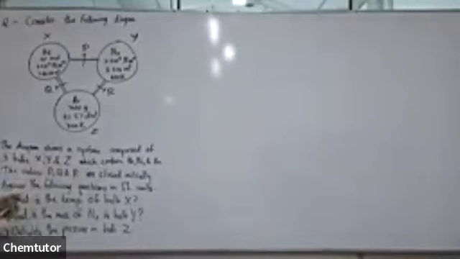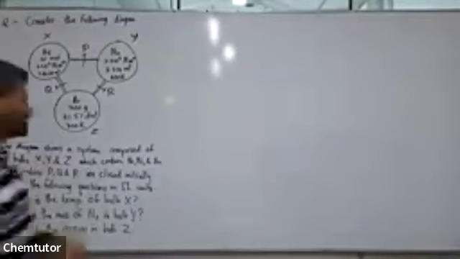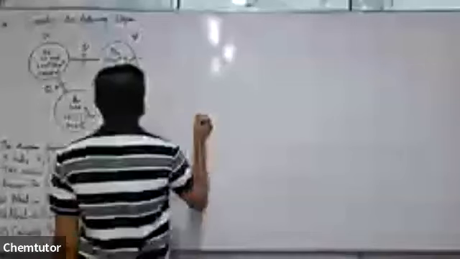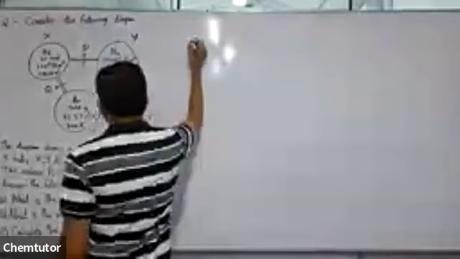What is the temperature of the bulb X? So this is bulb X. Initially, the valves P and Q are closed. That means this is only one system, with helium.